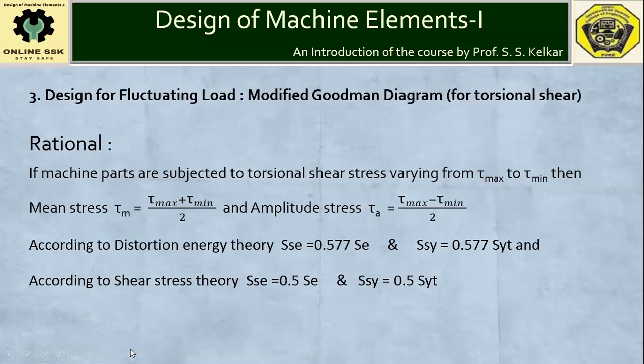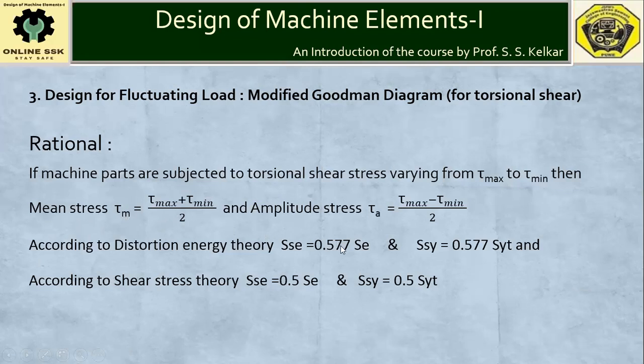Now, whenever a machine part is subjected to fluctuating torsional shear stress, which varies from tau max to tau min, following the usual procedure, mean or average torsional shear stress, tau m, will be calculated as tau max plus tau min divided by 2.